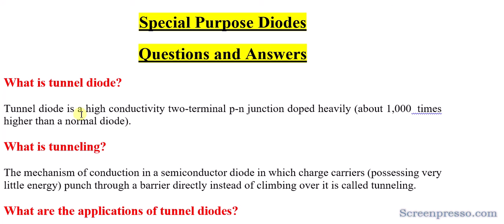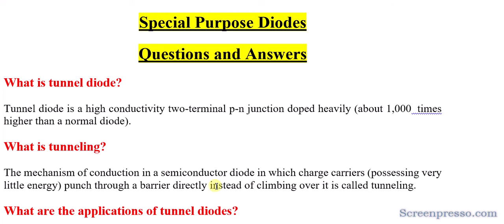Once the tunnel diode is there, the most important question related to it is: what is tunneling? It is the mechanism of conduction in a semiconductor diode in which charge carriers, either electrons or holes, possessing very little energy, punch through a barrier directly instead of climbing over it. Tunnel in the general sense you already know.